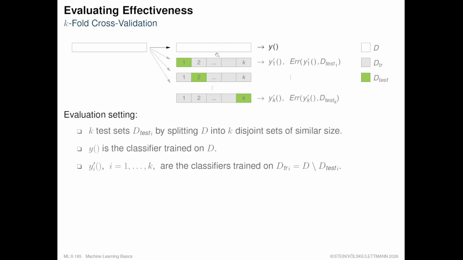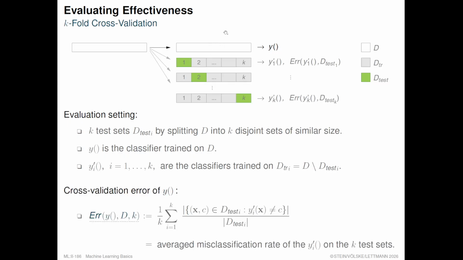But nevertheless, our algorithm here demands that we actually train on the whole thing again. And the cross-validation error here is defined as the mean of all these individual holdout misclassification weights. So pretty intuitive in this case. And the idea is that you can average out or smooth out effects that come by choosing the test set.